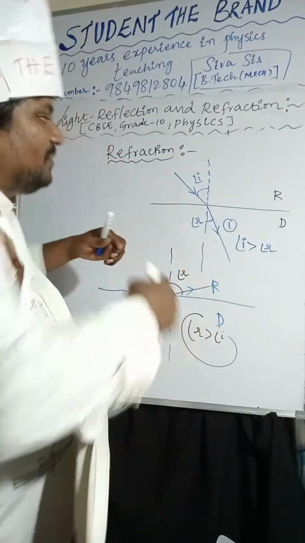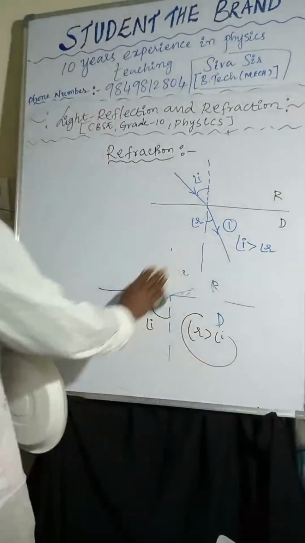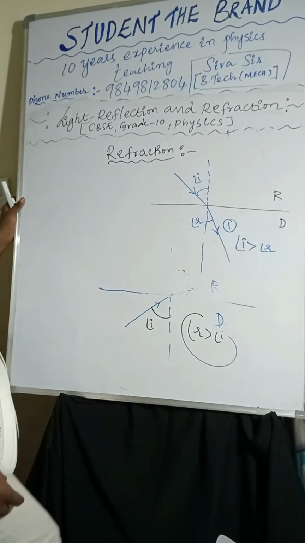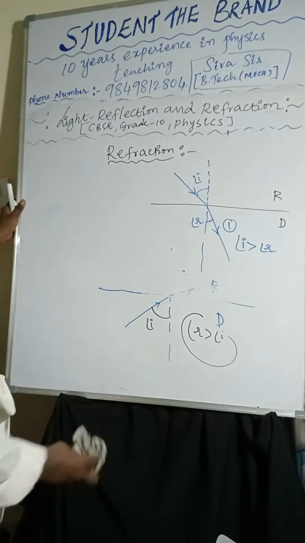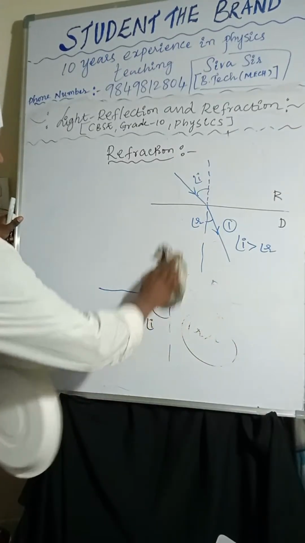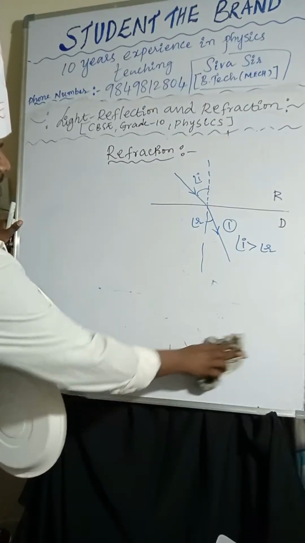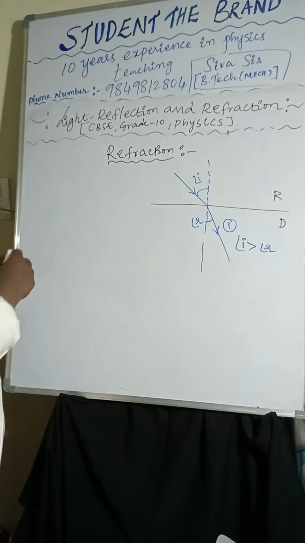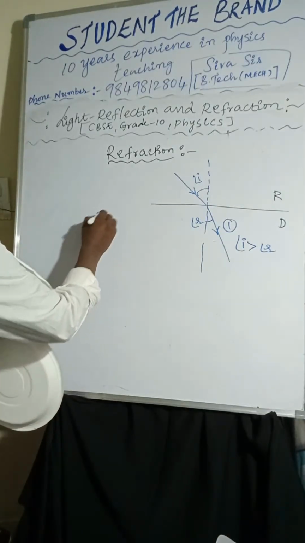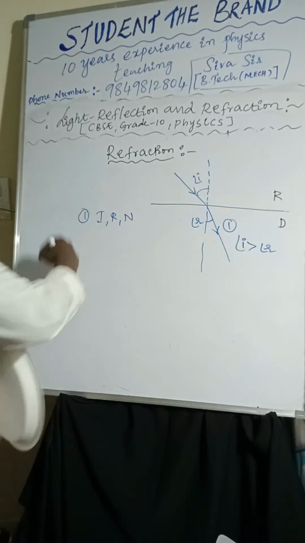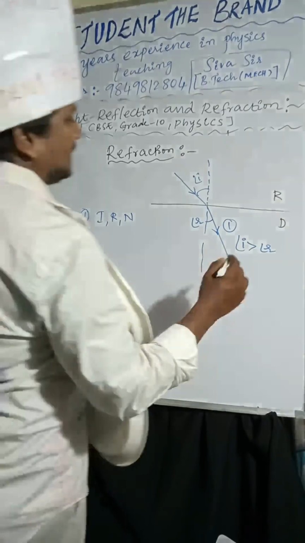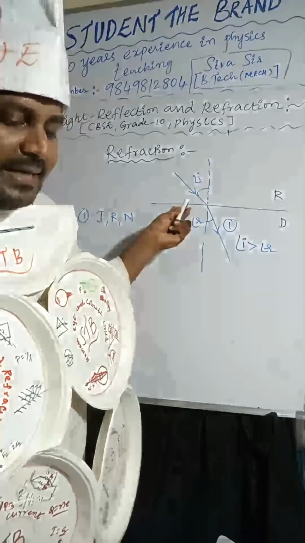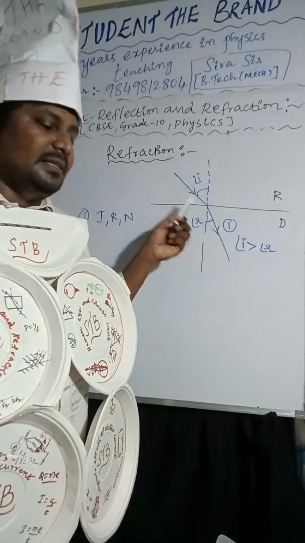Now, considering the laws of refraction, the first point is that the incident ray, the refracted ray, and the normal line all lie in the same plane.